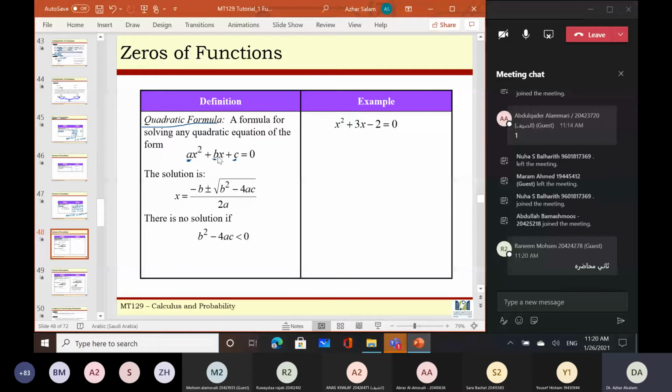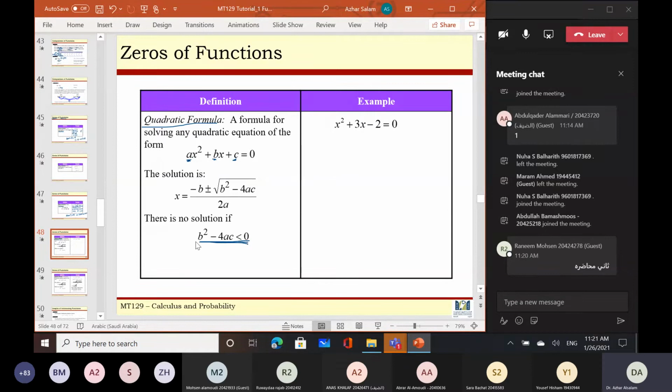Minus b plus or minus the square root of b squared minus 4ac, all divided by 2a. Memorize this. Okay, احفظ هذه الصيغة. طبعا الشرط عشان يكون هذا الحل موجود, I have a condition that b squared minus 4ac is not less than 0.